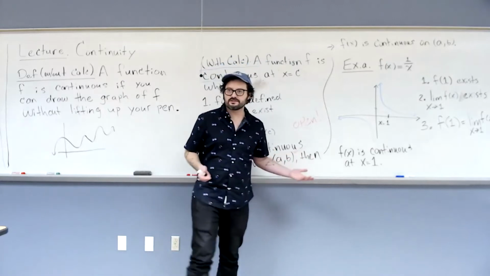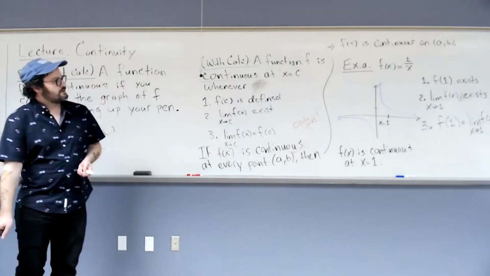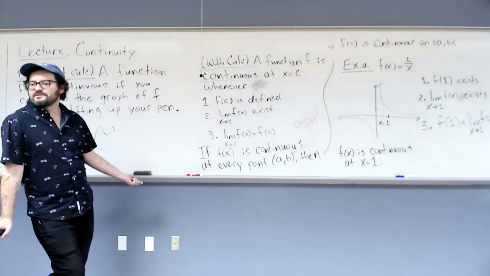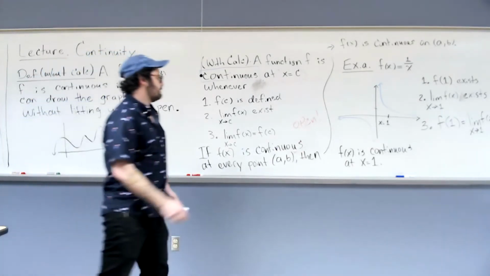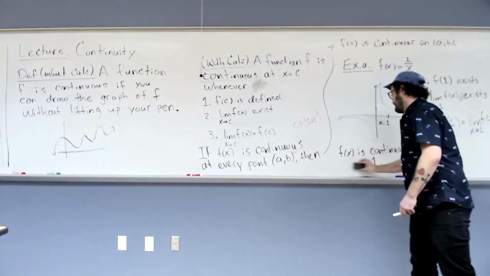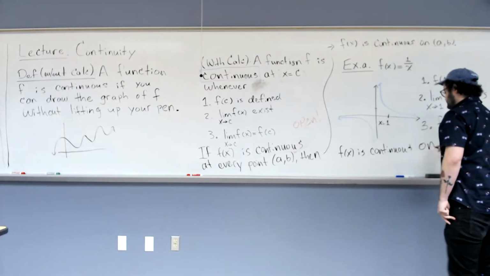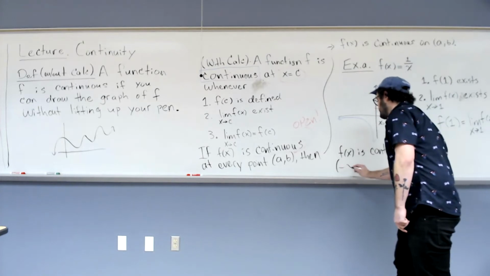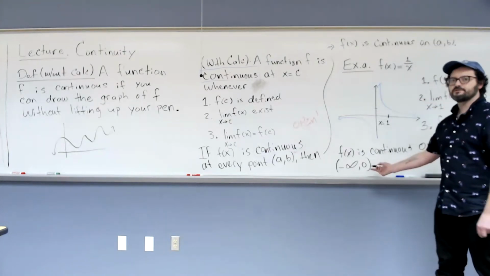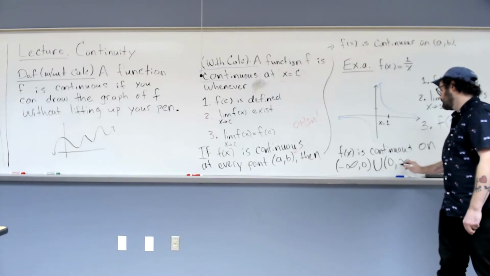Okay, but it looks like it's continuous everywhere else, right? So it would seem that every other choice of x is going to work. So maybe instead of just defining this one point here, we can say f is continuous on -infinity to 0 non-inclusive, union 0 to infinity.